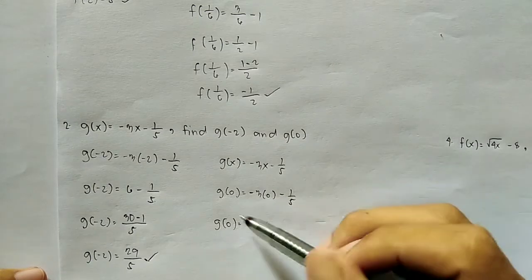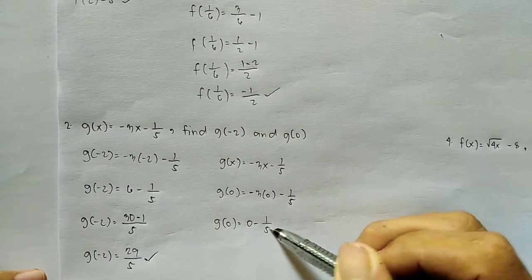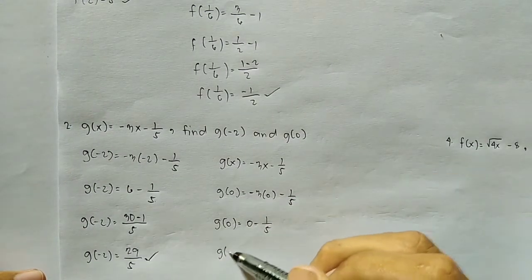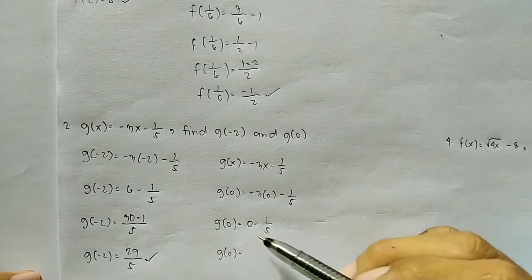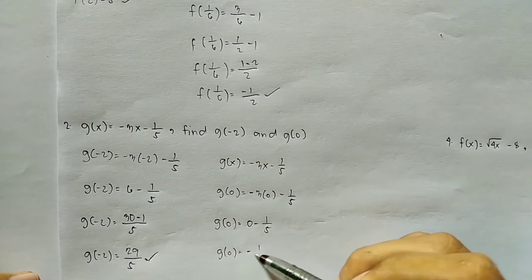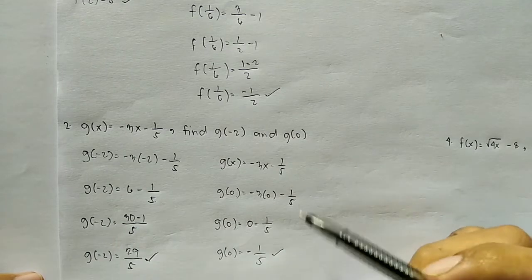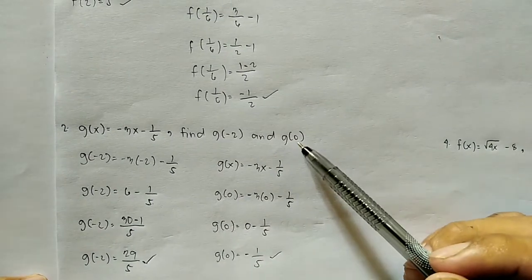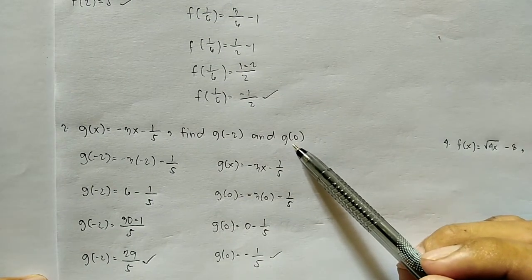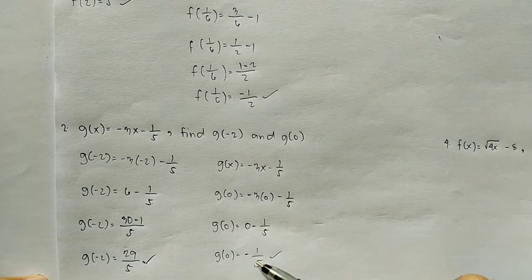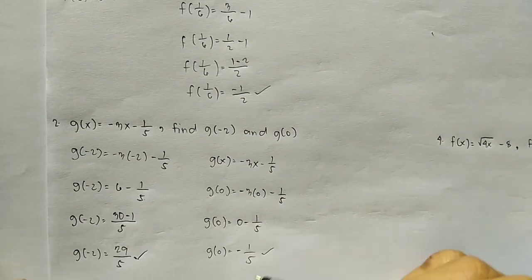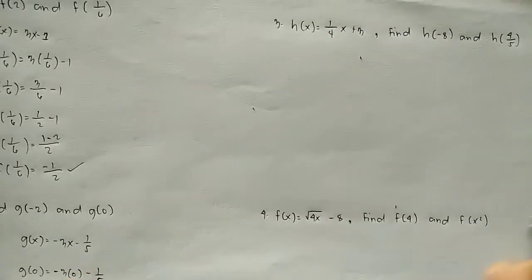Negative 3 times 0 is 0, minus 1/5, which is negative 1/5. So the value of the function, given that the indicated value is 0, is negative 1/5. This is the final answer. Let us move to example number 3.